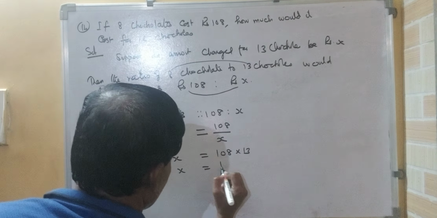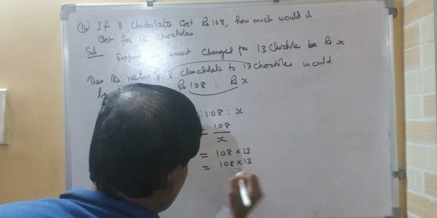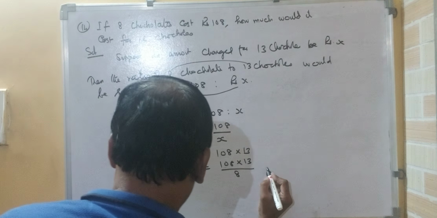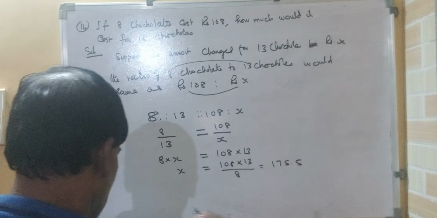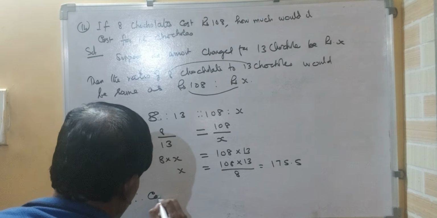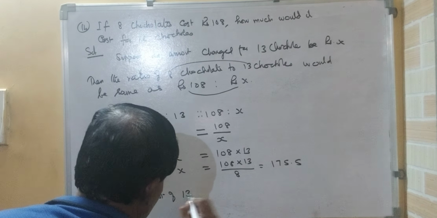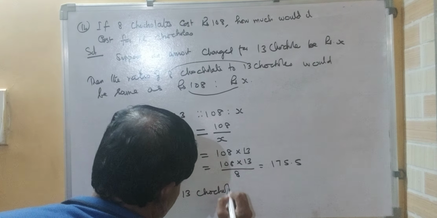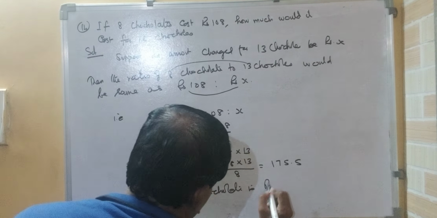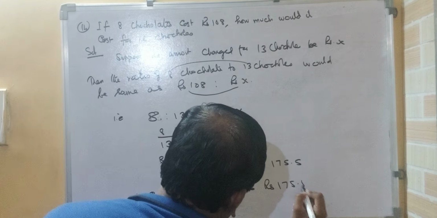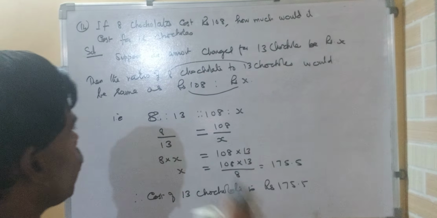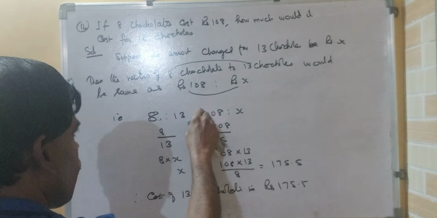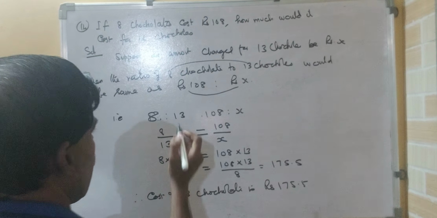So X equals 108 into 13 upon 8, which is equal to 175.5. Therefore, the cost of 13 chocolates is rupees 175.5. In these sums we have used proportion. So here we will write like that. If you want, you can write like this.